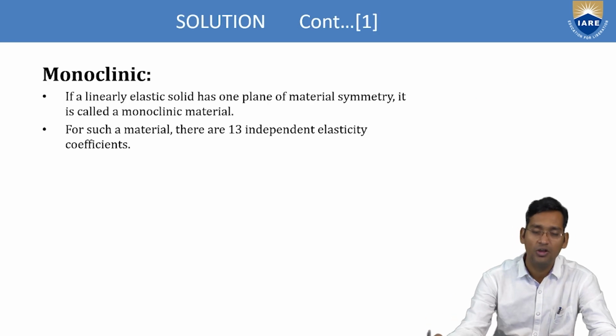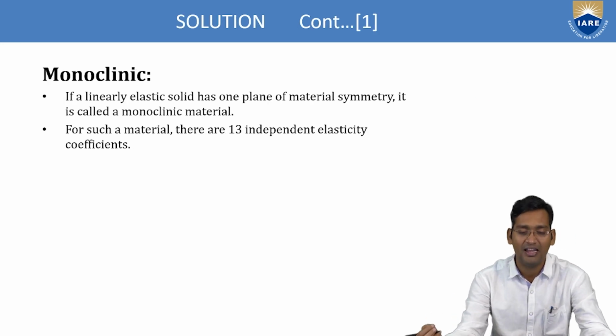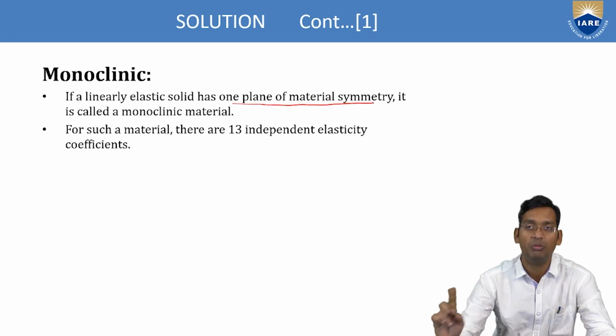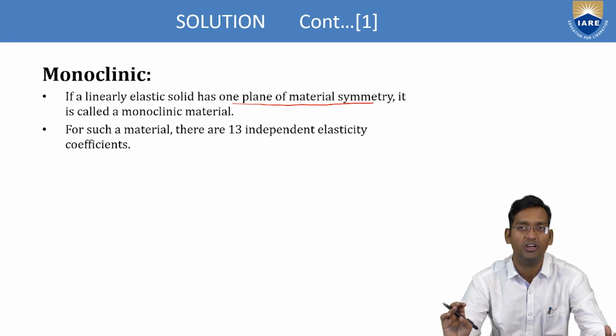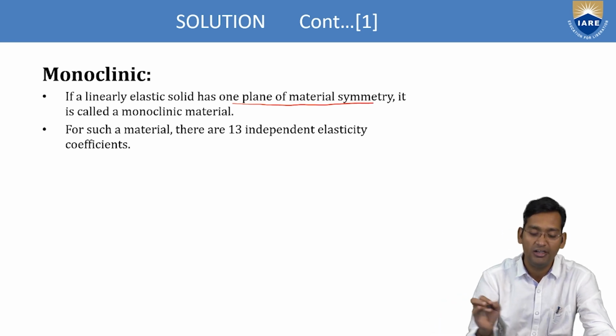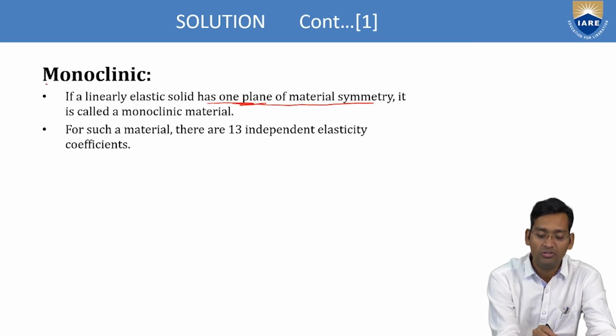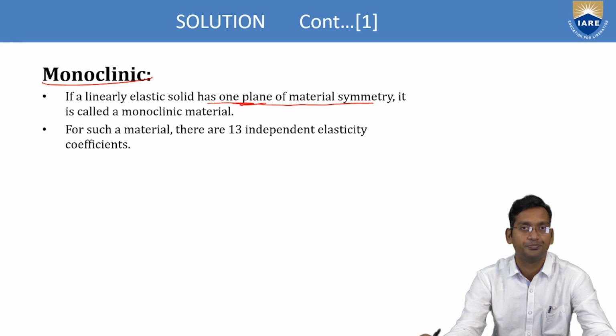Next is monoclinic. If a linearly elastic solid has one plane of material symmetry, either x, y or z, any one plane of symmetry, it is called monoclinic. Mono means one, hence the name.